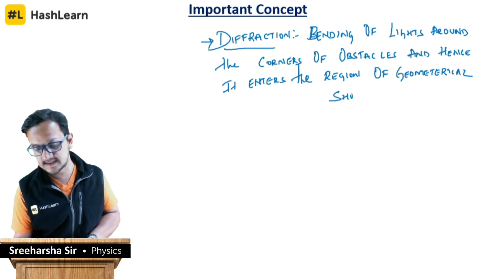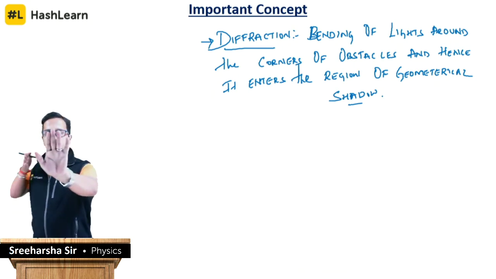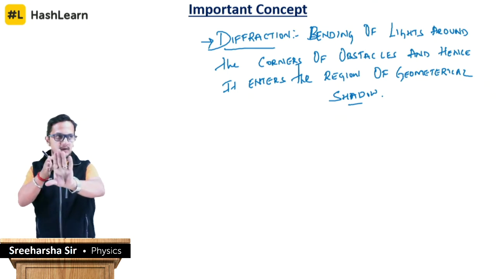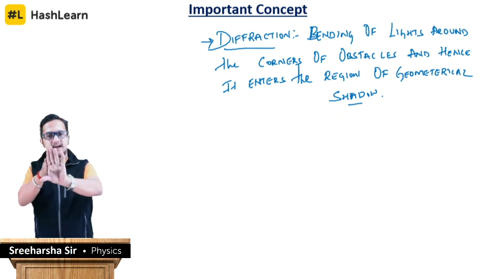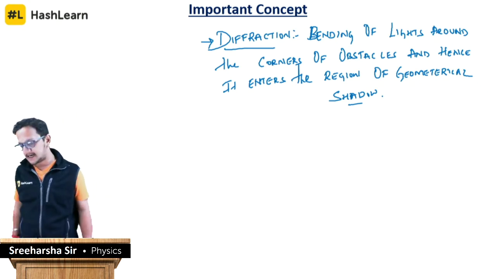This process is called diffraction. So if you have a light and this is the obstacle, the light bends over the obstacle and enters into the region which is called the shadow region.